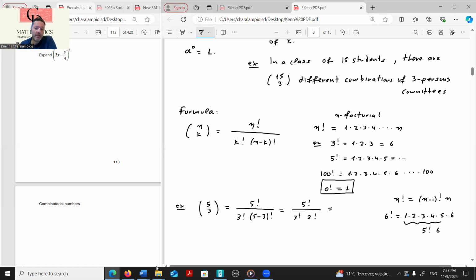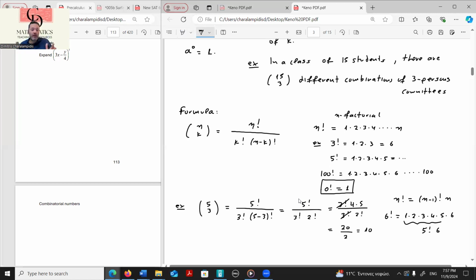Where can this be handy? Instead of expanding 5 factorial as 1 times 2 times 3 times 4 times 5, I can write that as 3 factorial, which is the combined way to describe 1 times 2 times 3, multiplied by 4, multiplied by 5, over 3 factorial times 2 factorial. In this case, the factorials can be cancelled out, and we would be left with 20 over 2, which is 10.